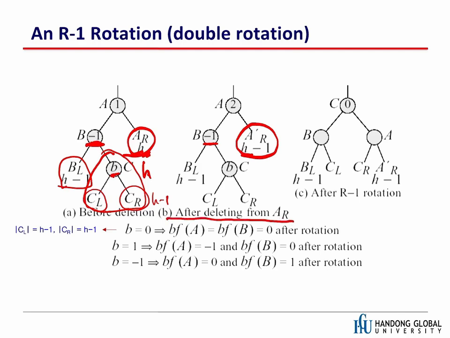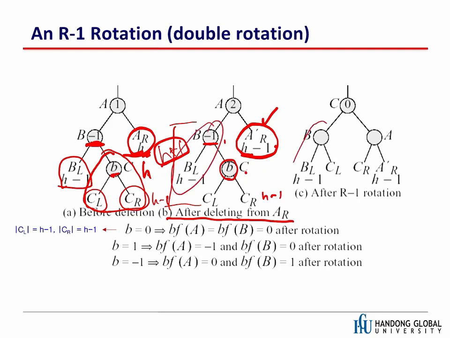So from B, after deleting one node from here, this one is H minus 1 and this one is actually H plus 1, because we have H minus 1 plus 1 plus 1. So we have H plus 1 here. So in this case, node C goes up.